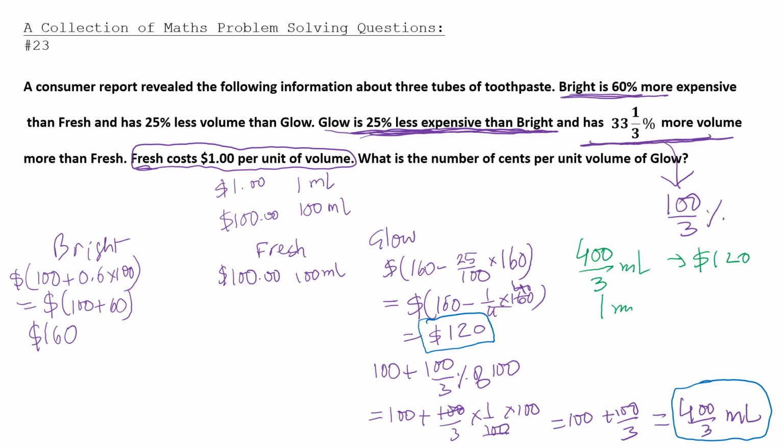So 1 ml would cost 120 divided by 400 out of 3, that is divided by 400 multiplied by 3, and it cancels the zeros, and 4 times 3 gives me 9 out of 10, and that is $0.9, or that is equal to 90 cents.